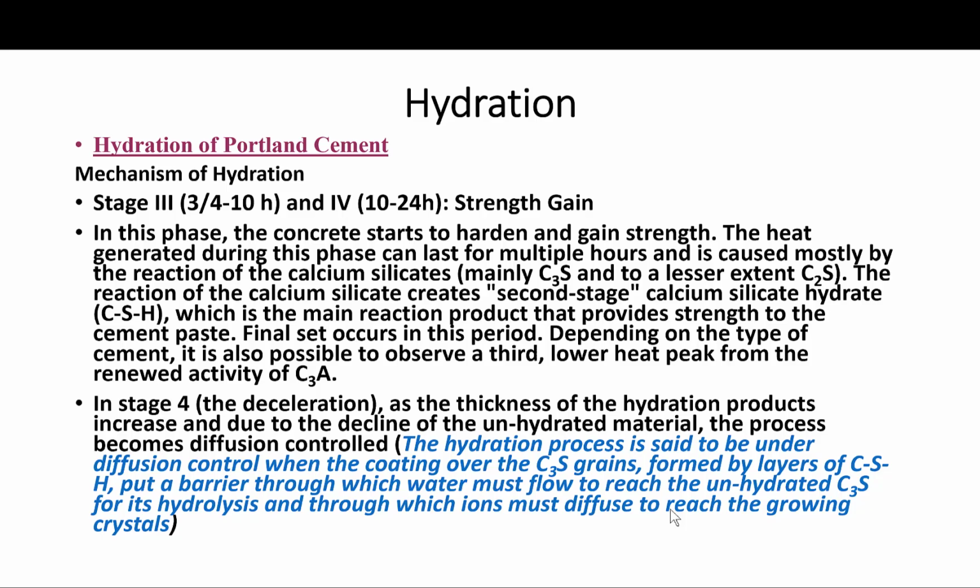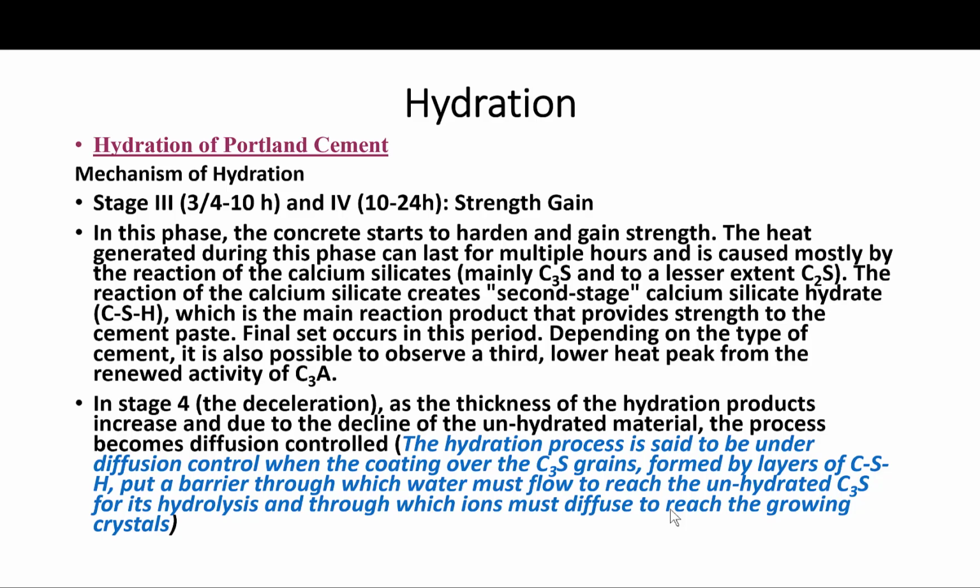Okay, moving on. Stage 3 is about 3 to 4 hours to 10 hours, and we have stage 4 between 10 and 24 hours. This is the strength gain. In this phase, in stage 3, the concrete starts to harden and gain strength.